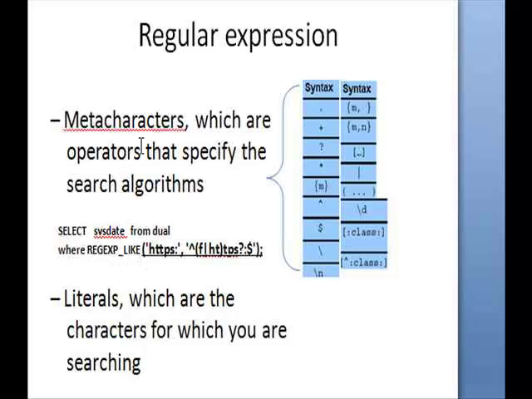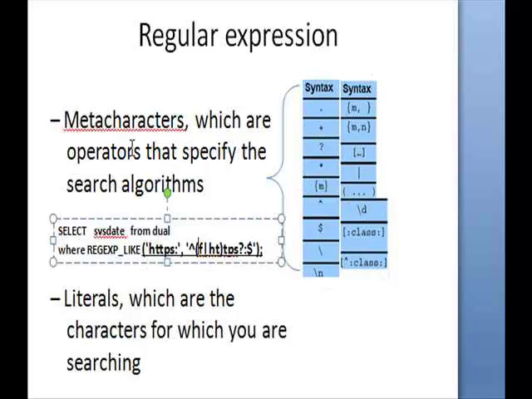We have two types of characters in the regular expression. One type we call a metacharacter, which are operators that specify the search algorithm. See right here, this character F, this HT, this quotation mark, semicolon, dollar sign, and let's put it this set that I have right here, and this set.